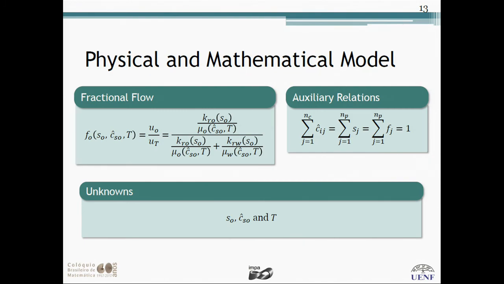As usual, the fractional flow is defined as the relation between the phase velocity, here we chose the oil phase, and the total velocity of the system, of the fluids, of the phase, liquid oil and liquid water. So we chose as unknowns the oil saturation, the CO2 saturation, CO2 concentration in oil phase, and temperature.